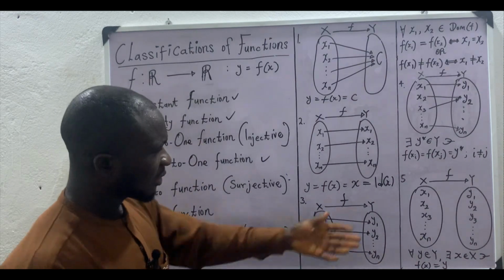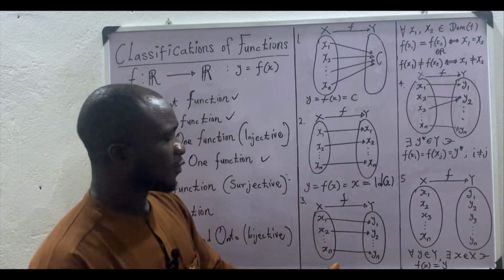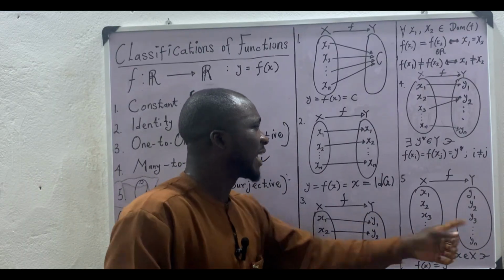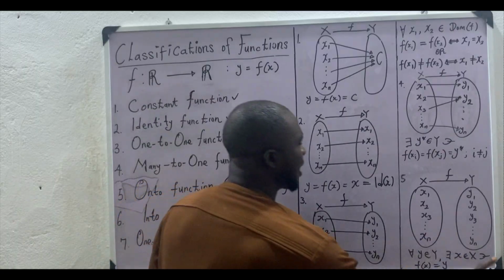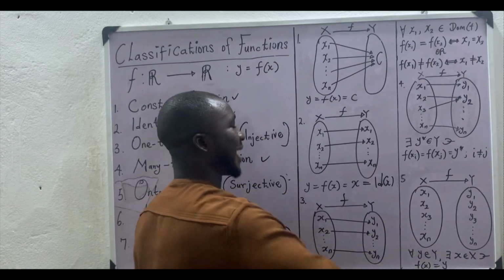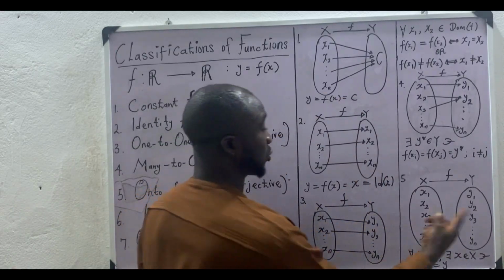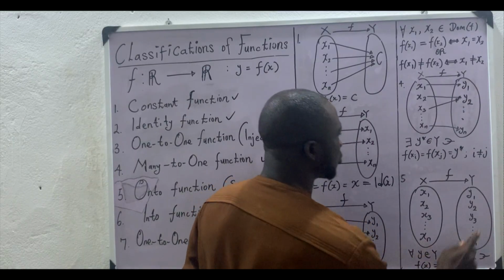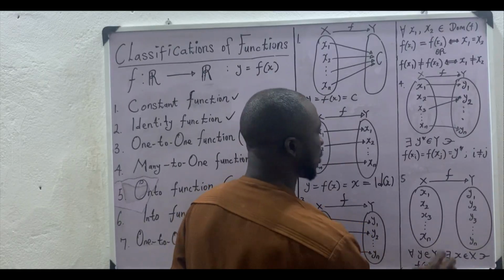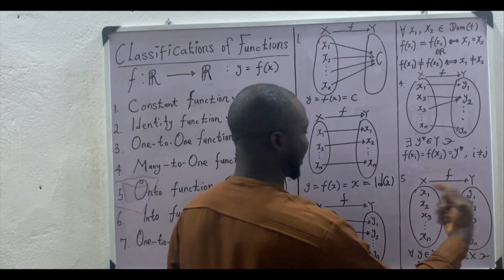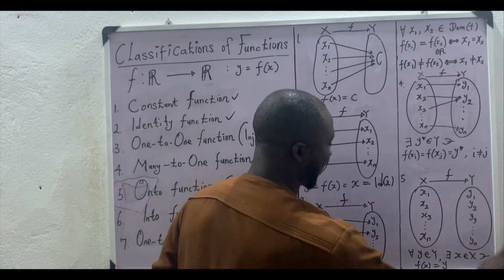Now, if it happens that for all the elements or images in the range of the function, I can always have at least an element in the domain of the function that is mapped to it. That is to say that for all y in Y, which happens to be the range of the function, I can always have at least an x in the domain of the function that is assigned to that particular value.